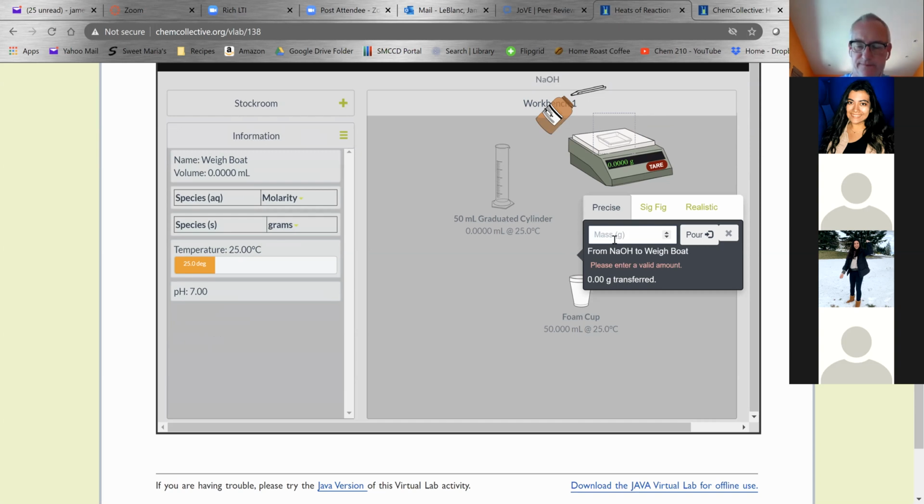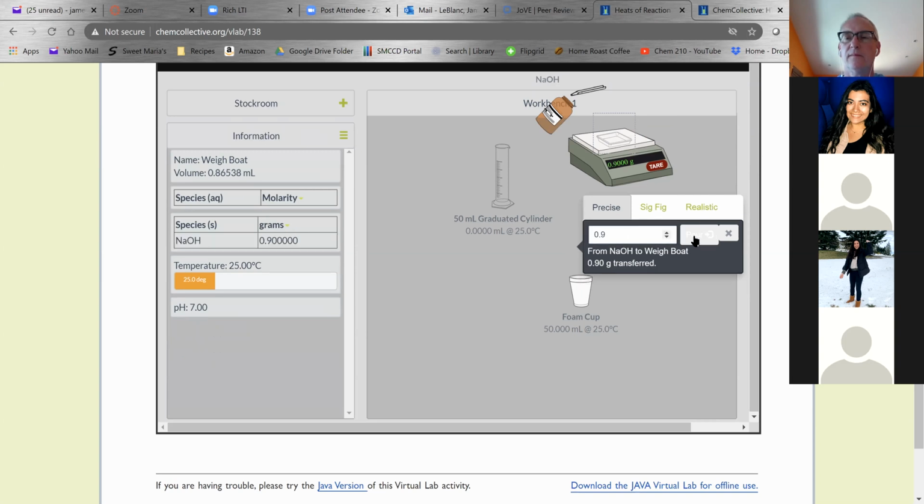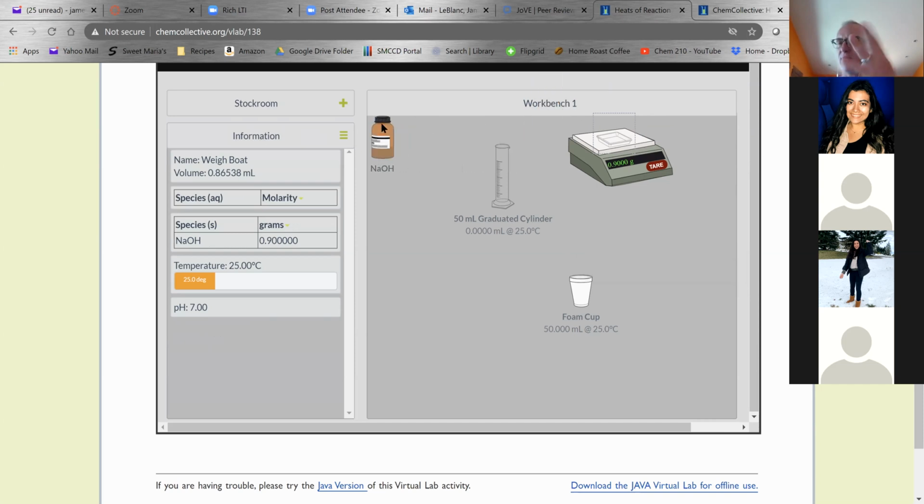Let's say 0.9. So I get 0.9 grams, so pretty much somewhere around a gram. As long as it's an accurate mass, it doesn't really matter. Somewhere around a gram. Could be a little bit more, could be a little bit less.